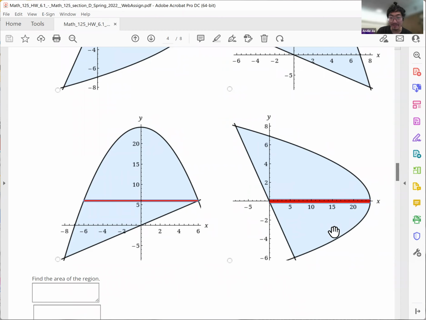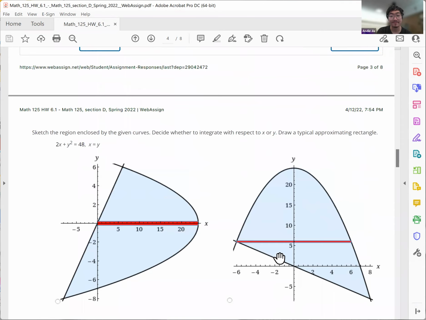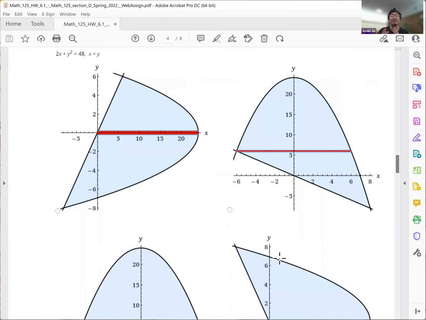We have a left and right positionality, so use dy to integrate. Then 8 can be the upper bound, and -6 is the lower bound. If you integrate with dy, then it's the right curve minus the left curve.